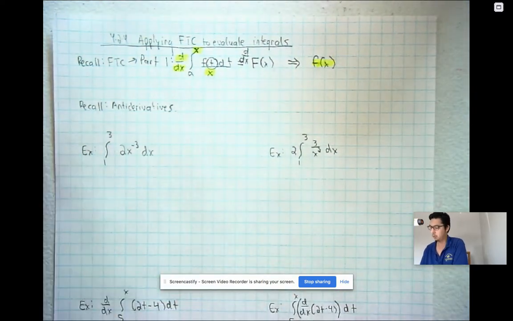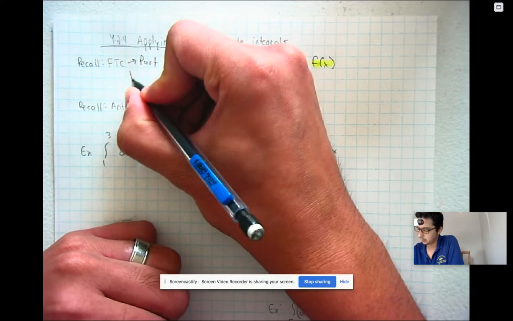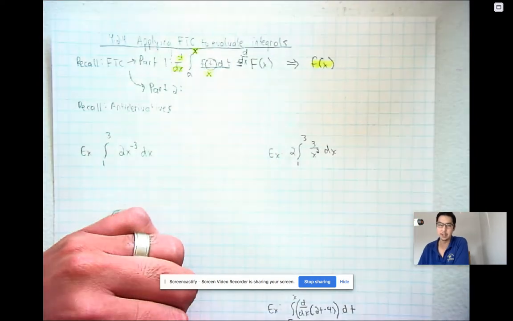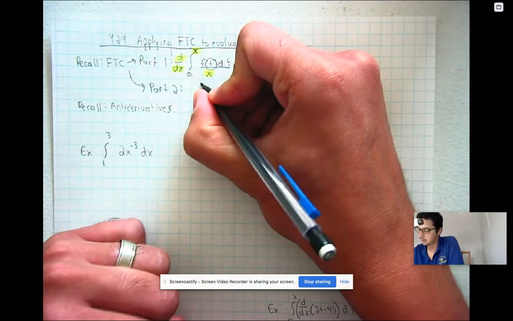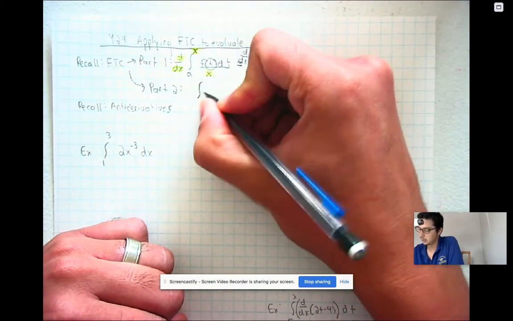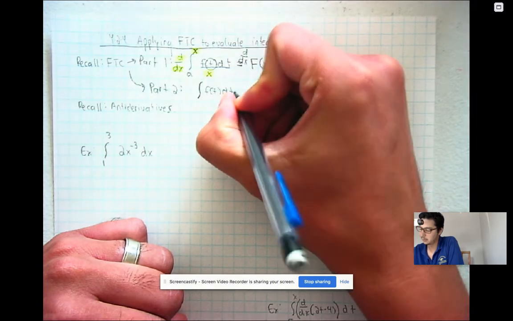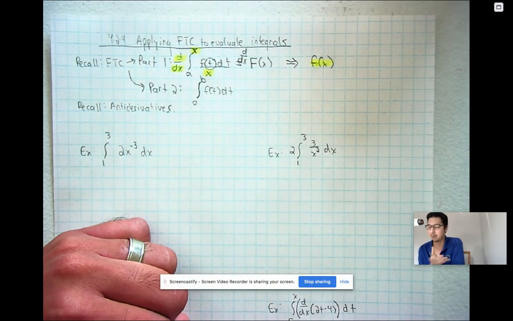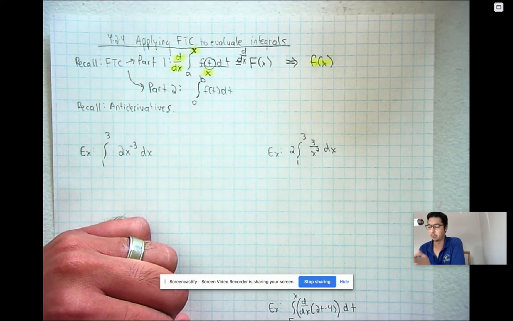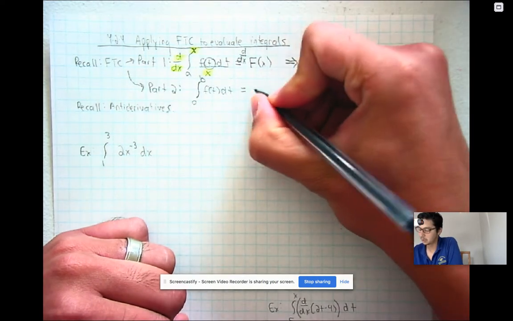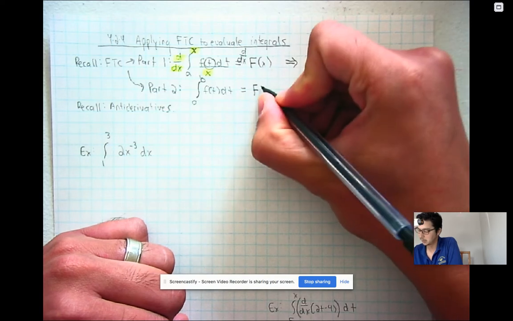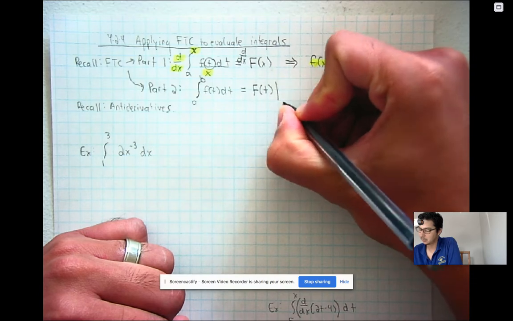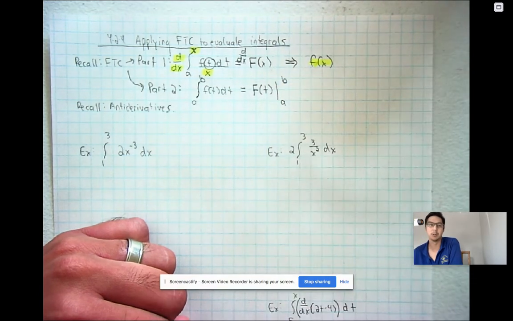And then part two of the fundamental theorem of calculus is really used to evaluate these. If you want to evaluate a function f of t dt from a to b, where a and b are both real numbers, so now we have a set area under the curve we want, then you can just take the antiderivative of the function and evaluate it at the upper and lower bounds.